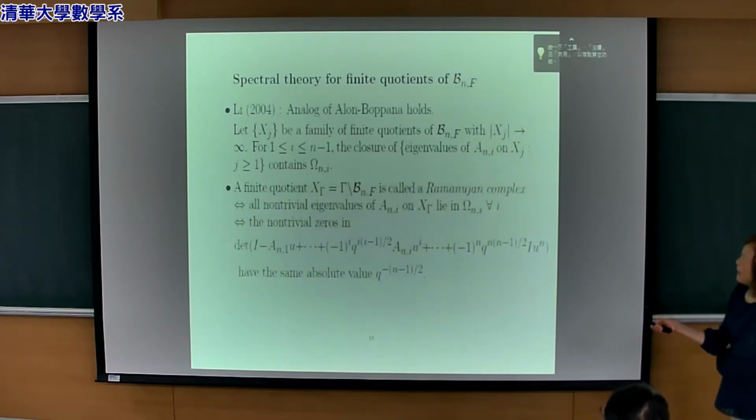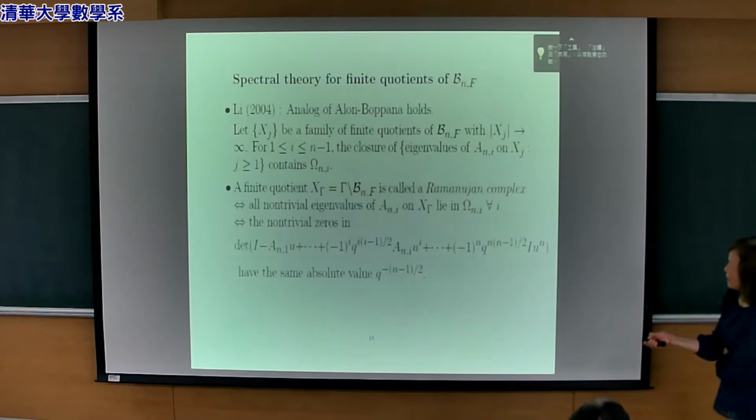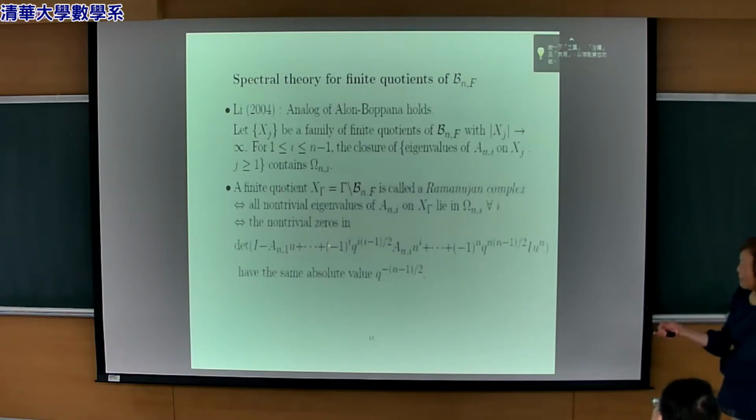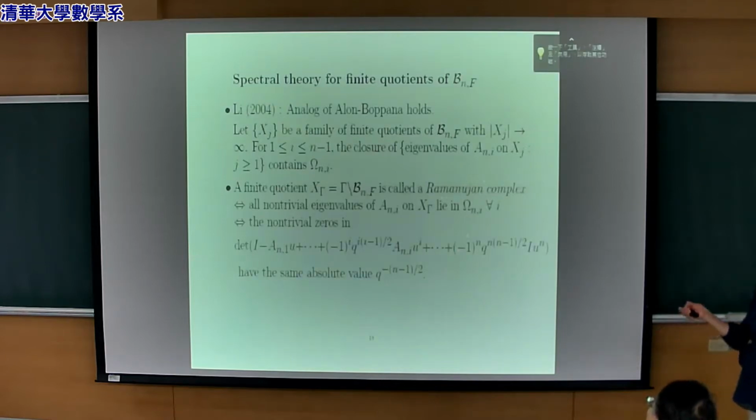An equivalent statement is that we can organize these n-1 Hecke operators, suitably normalized, and define a polynomial of degree n. Then we take the determinant, and I look at the non-trivial zeros of this polynomial, and they all have the same absolute value. This is the meaning of this finite quotient being a Ramanujan complex.